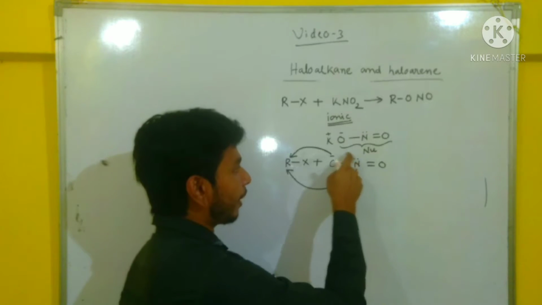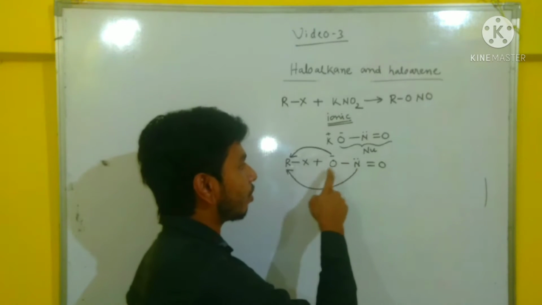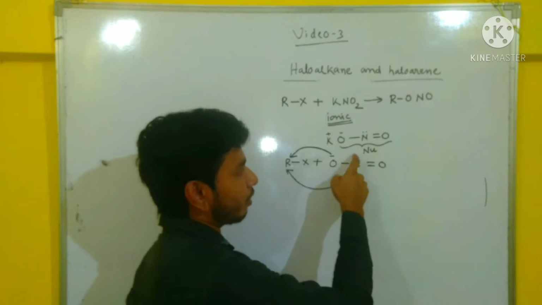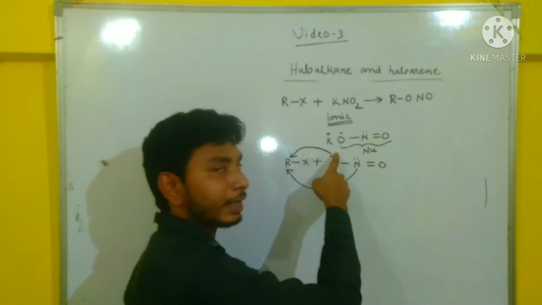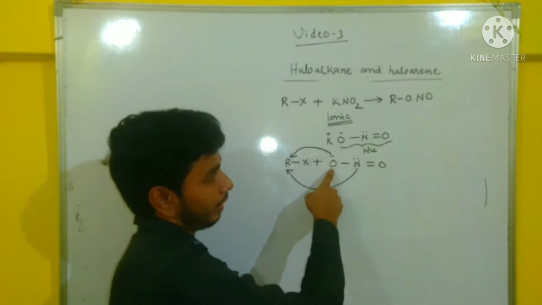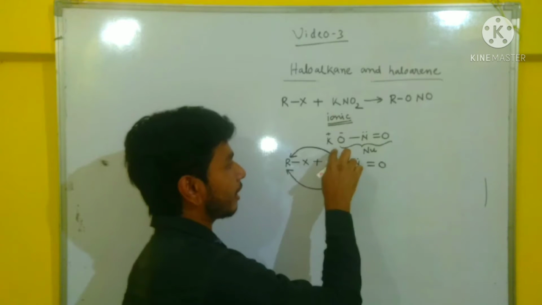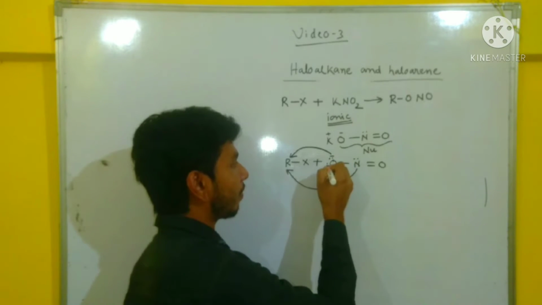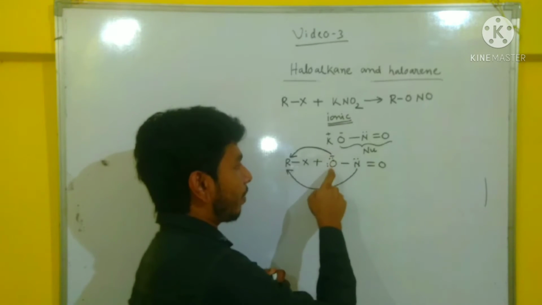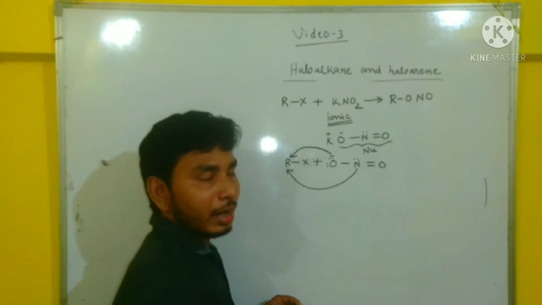Now if we compare their electron richness, which one is more electron rich, nitrogen or oxygen? Look, nitrogen carries only a lone pair of electrons, but oxygen carries a negative charge. So oxygen is more electron rich as compared to nitrogen, because oxygen carries the negative charge and it has two electron pairs.